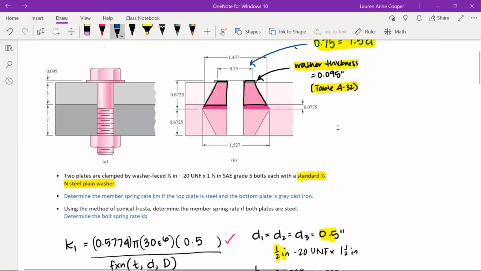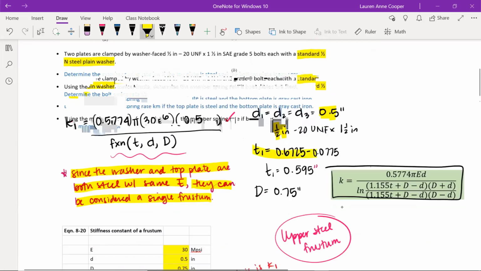But again, in this case, the dimensions are given. So our T in this case is 0.6725 minus the thickness of the dark pink frustum, so minus 0.0775. That's what I have here, T1 equals 0.6725 minus 0.0775. So T equals 0.595 inches.